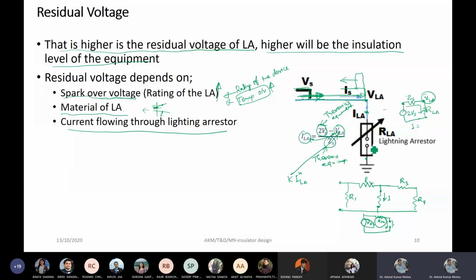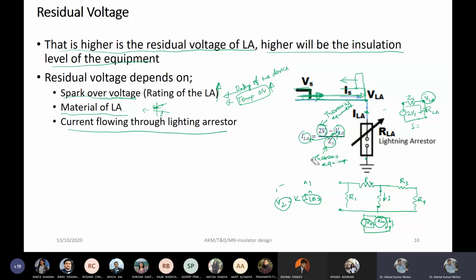Sometimes the lightning arrestor manufacturer gives the voltage across it for 2-3 different lightning currents. If we get it for 2 currents, then for case 1 VLA1 is K times ILA1 to the power N, and for case 2 VLA2 is K times ILA2 to the power N. So if these are given, you can compute K and N, and then for any given current you can find out this value.